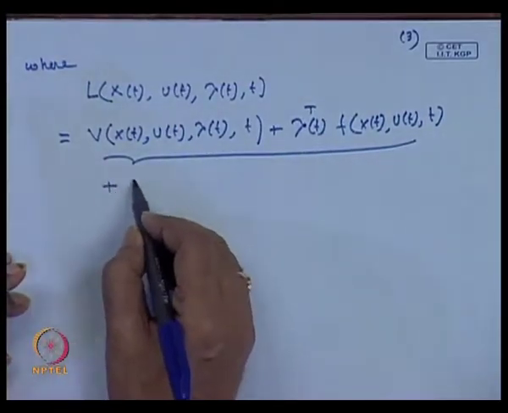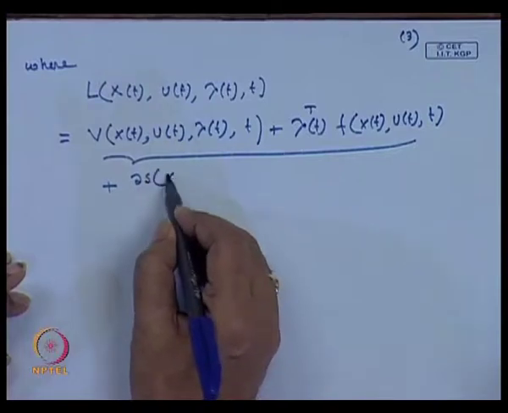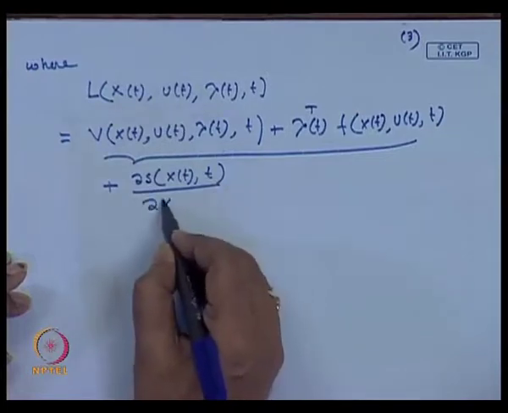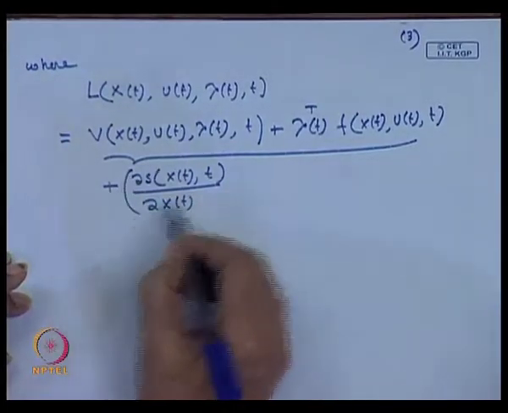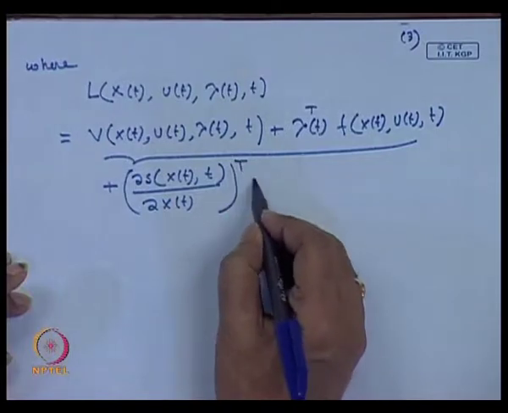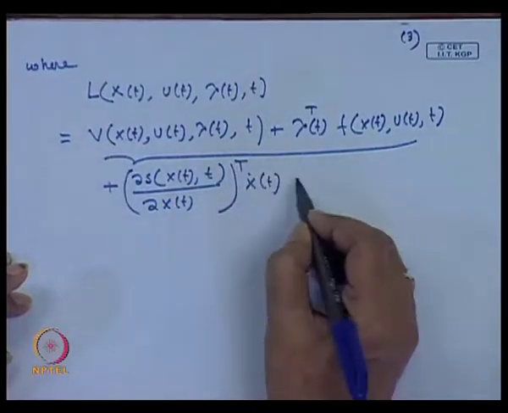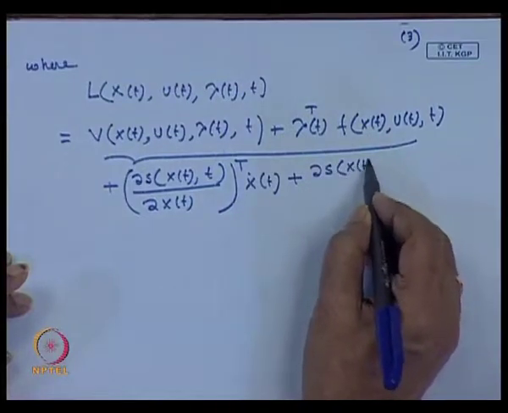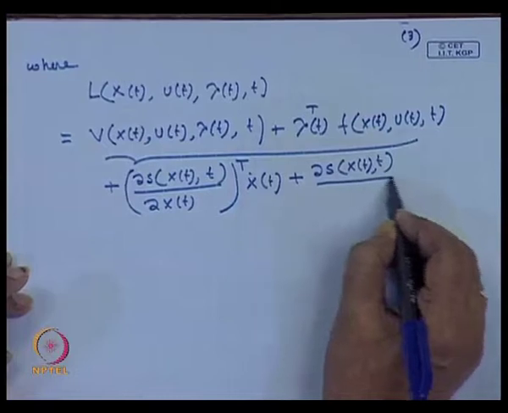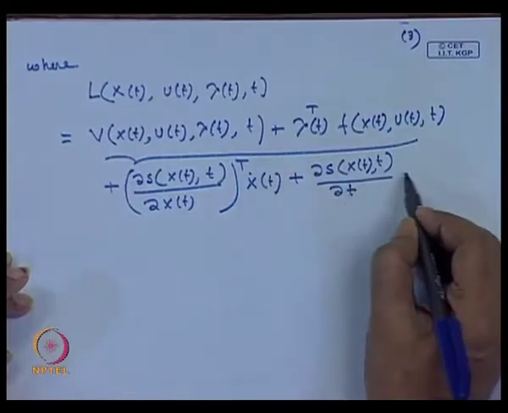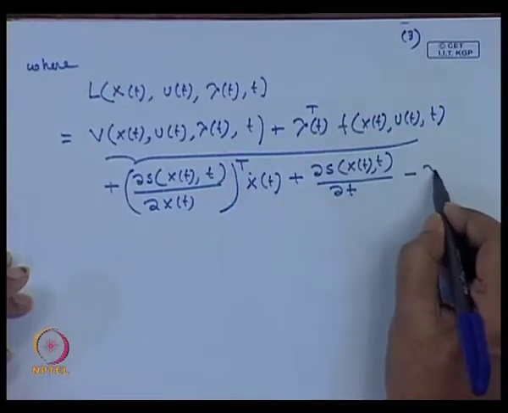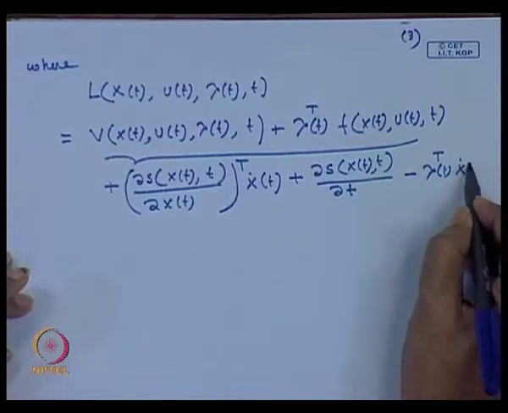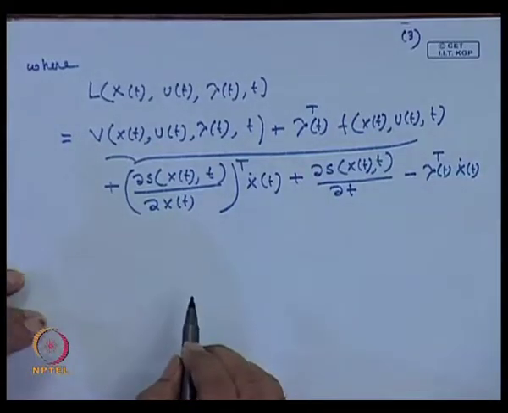What is the remaining term? It is del S del x of t, whole transpose, into x dot of t, plus del S, which is a function of x of t, differentiation with respect to time t, minus lambda transpose x dot of t. So, this is the thing.